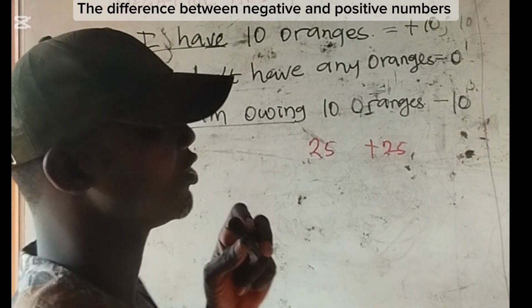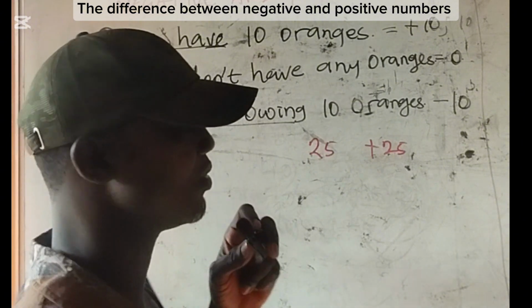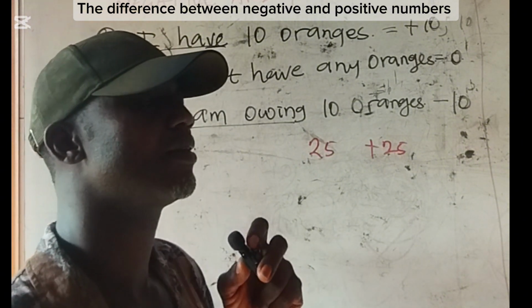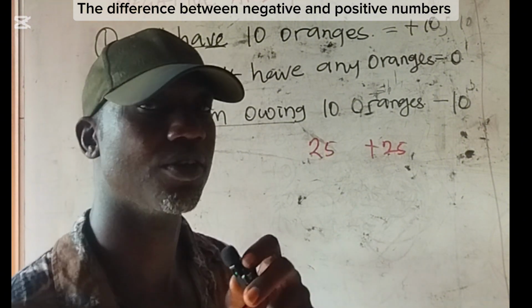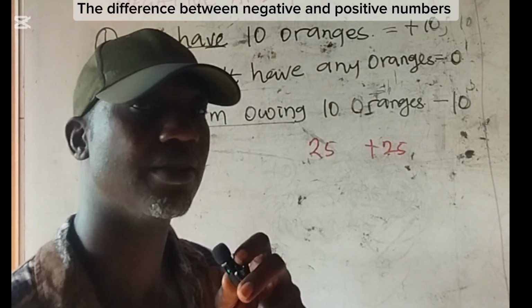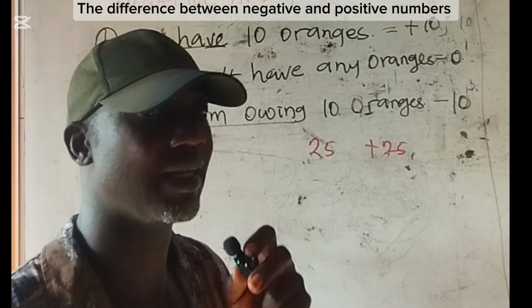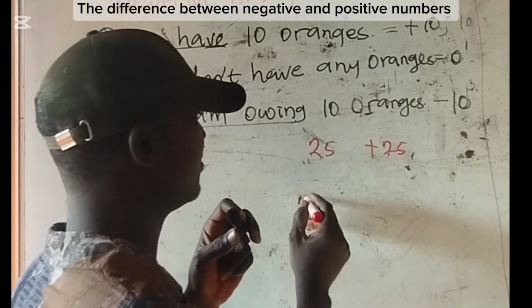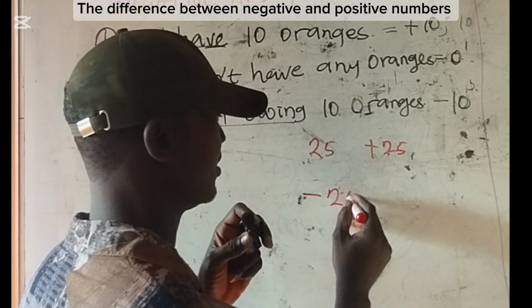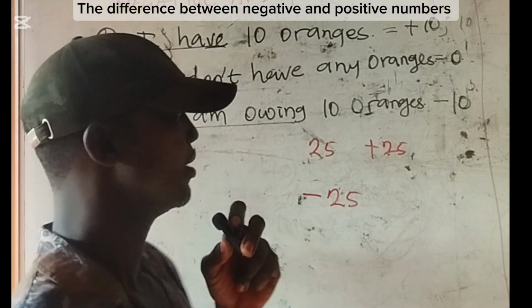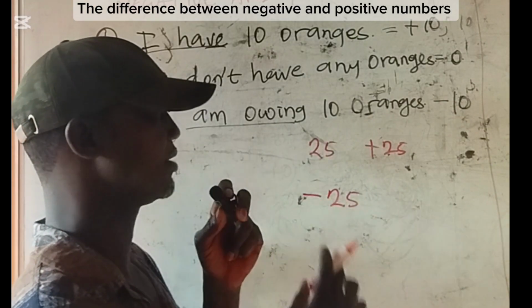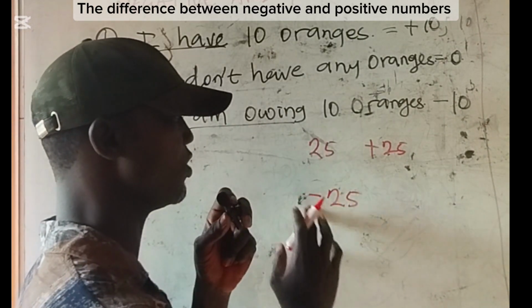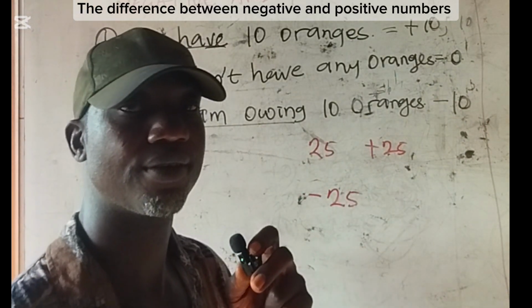Okay? But let's assume that I want to write, probably I'm owing somebody 25 bags of rice as a rice merchant, and I want to write the number of rice that I have. I must include minus before the 25. The minus simply indicates that I am owing 25 bags of rice.